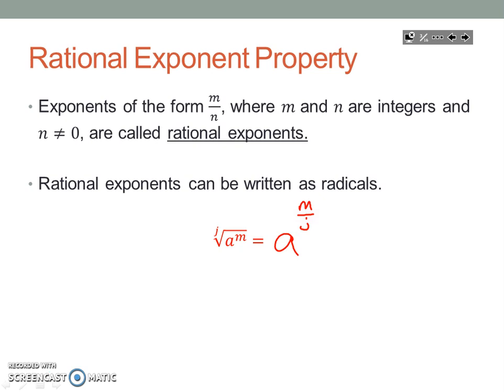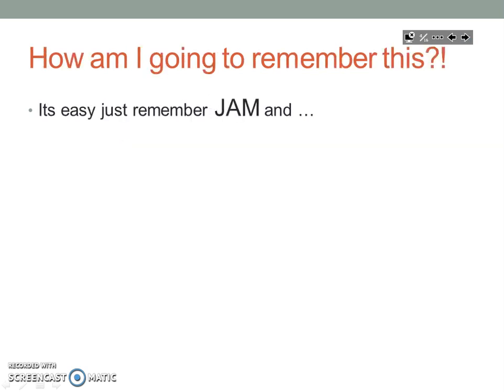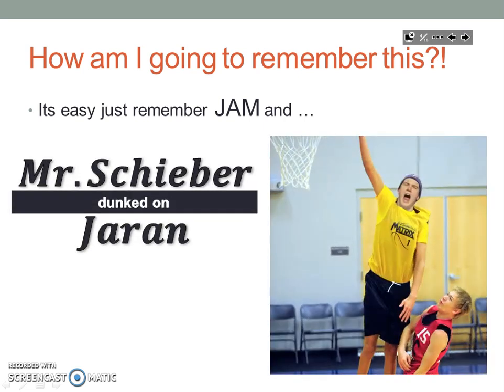So, how can we remember that? Well, the way that I tell kids to remember this is just to remember jam, as in someone dunking a basketball. So if you remember jam, and then you remember this picture right here, you can clearly see Mr. Schieber dunking over Penny High's own Jaron Richmond.